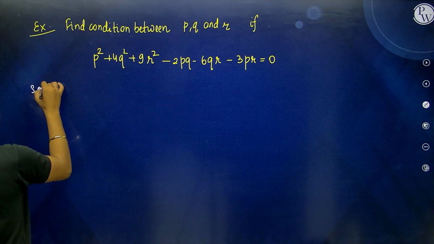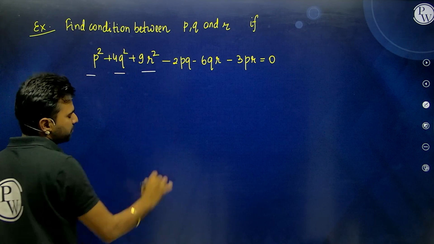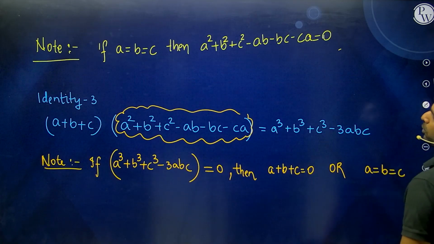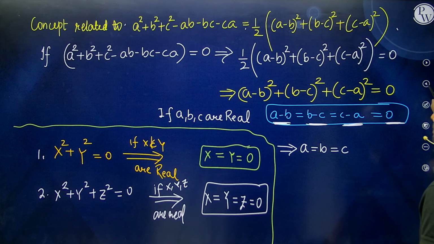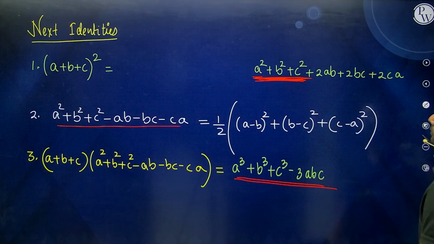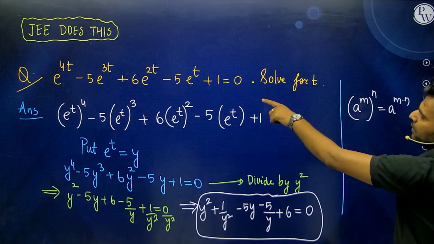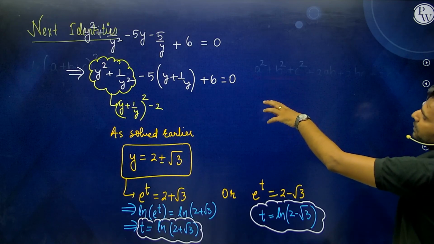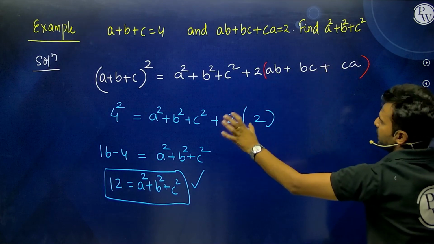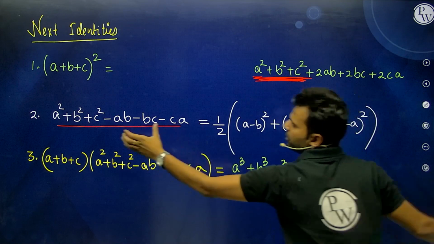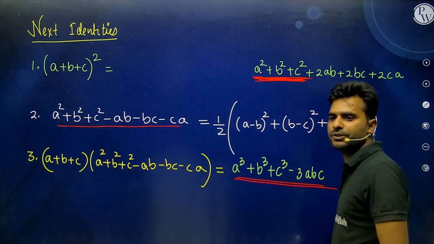Now, the moment you see three square terms, two things should come into your mind. What are those two things? As I told you, either this or this. First one or second one. Yes or no, kids? Let me take you there once again. Either this identity or this identity. Because this is having three square terms in it, this also having three square terms in it, yes or no?